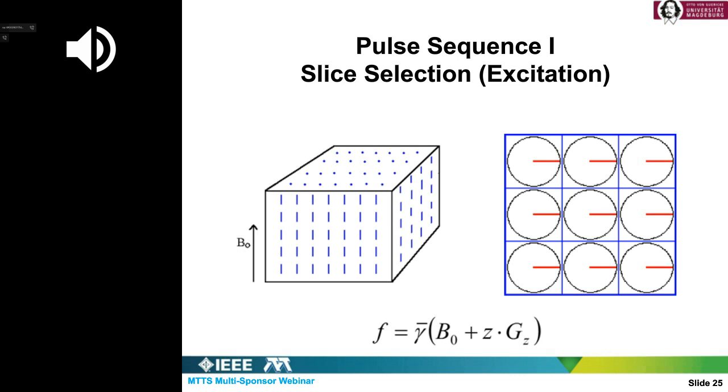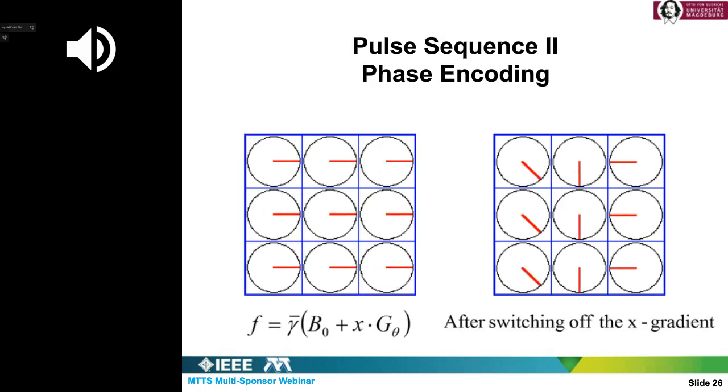The second step is to create along the x-axis a phase difference. If you see here to the left-hand side, all over the slice, the spins are precessing in the same direction. Now imagine that you create a ramp in the x direction. This will mean that the right-hand side will be faster than the left-hand side, and then you stop that.